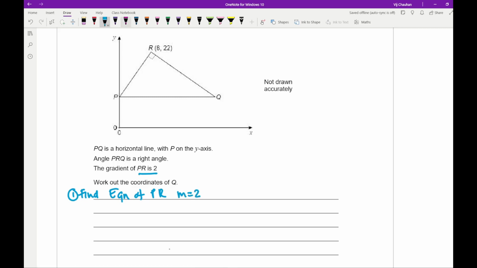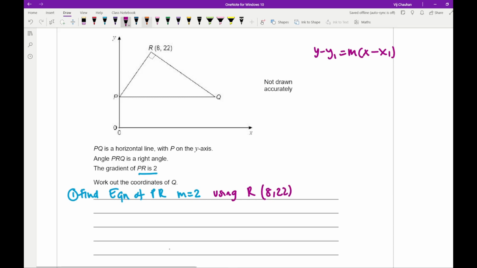Now when it comes to the equation of a line, I'm a big stickler for using y minus y1. You could use y equals mx plus c, that's entirely up to you, but I much prefer using y minus y1 equals m(x minus x1). So here I'm going to use the point R, which is (8, 22).